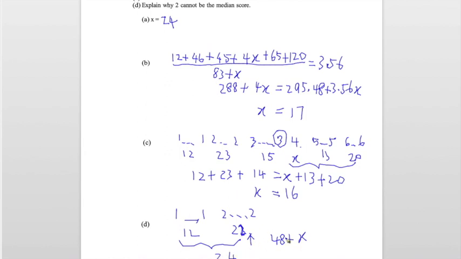And if they are supposed to be balanced, then 34 will be equal to 48 plus x, right? So since x must be positive, because we cannot have a negative count, therefore 2 cannot be the median.